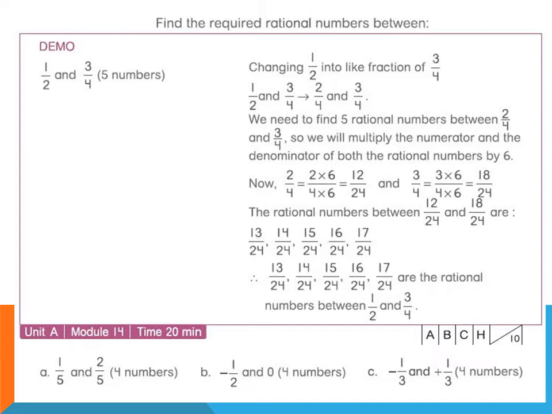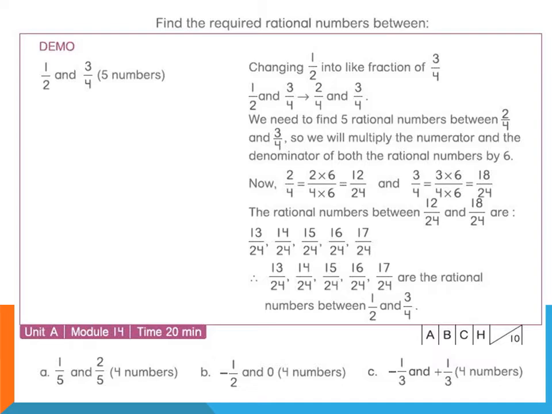The next step, now we have to find the 5 rational numbers between 12 by 24 and 18 by 24. So the rational numbers between these two are 13 by 24, 14 by 24, 15 by 24, 16 by 24, 17 by 24. So these are the rational numbers between 1 by 2 and 3 by 4.